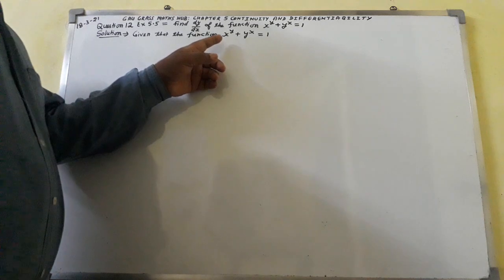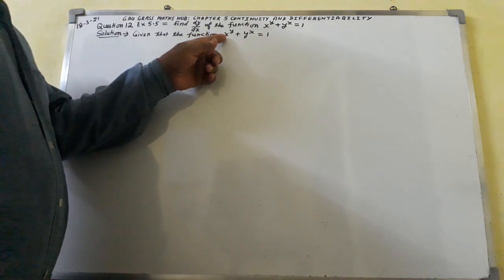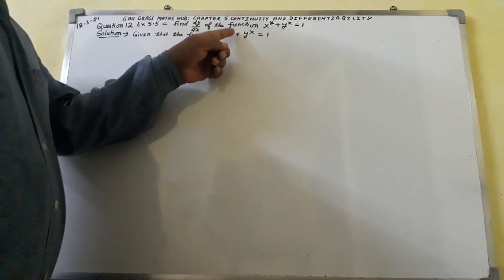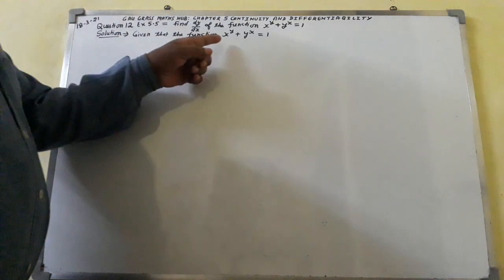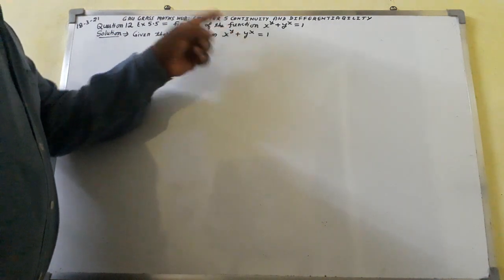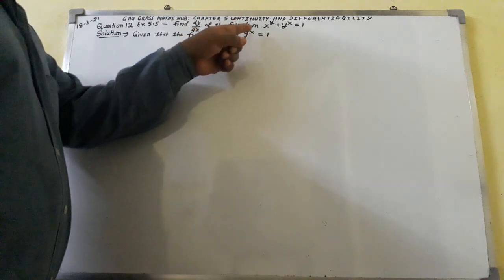Here you can see in the given function that the first term is x raised to power y, the second term is y raised to power x. So here x is a variable, y is also a variable, a variable raised to power a variable.